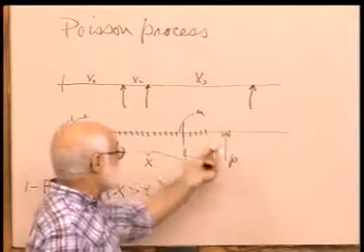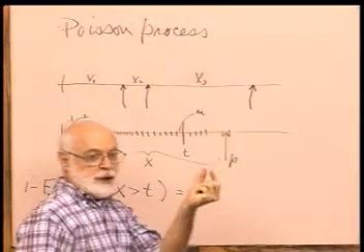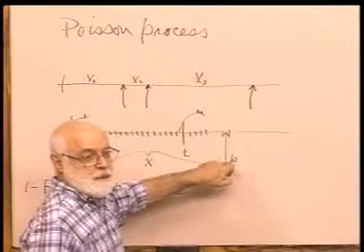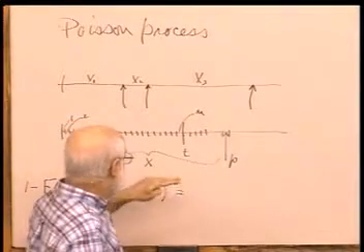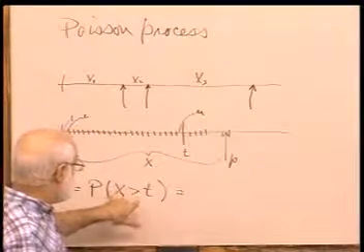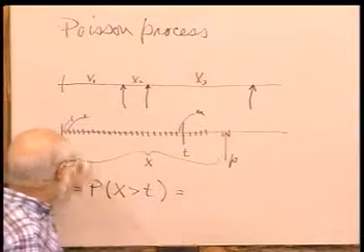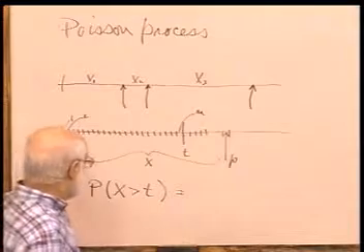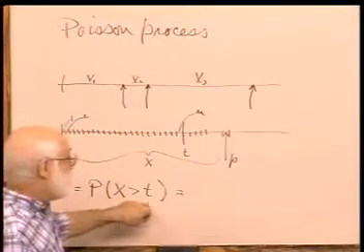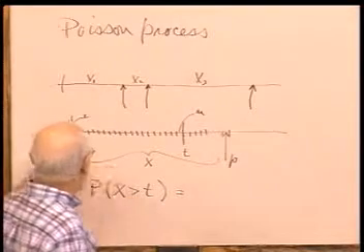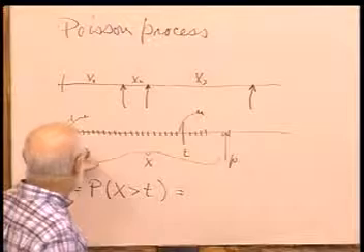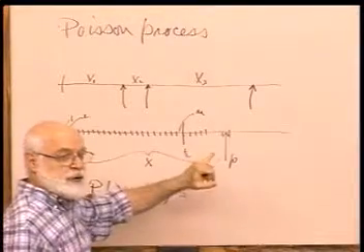So in every interval, which is going to shrink to an instant, either you have an event or you don't have an event. So if p is the probability that an event occurs in a little interval, the probability that the time from now to the first event is greater than t is the probability that there is no arrow in little interval 1, and no arrow in 2, and no arrow in 3, and so forth.